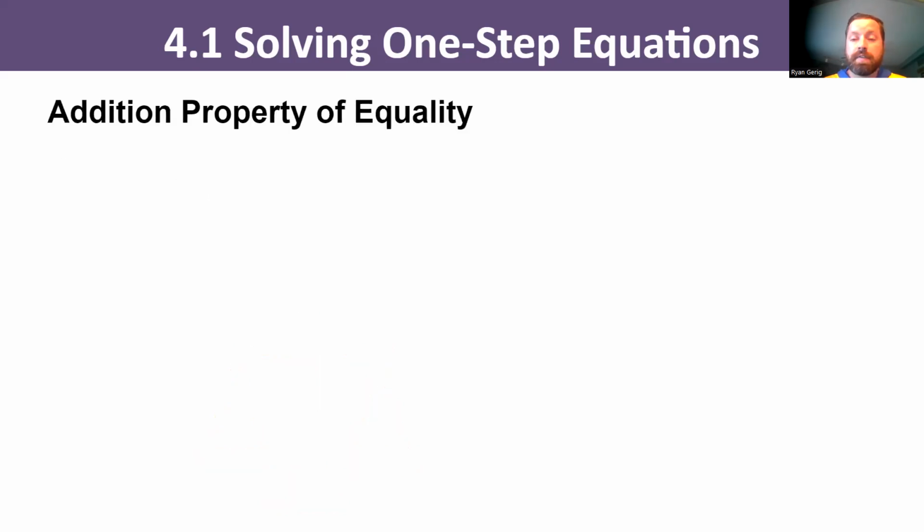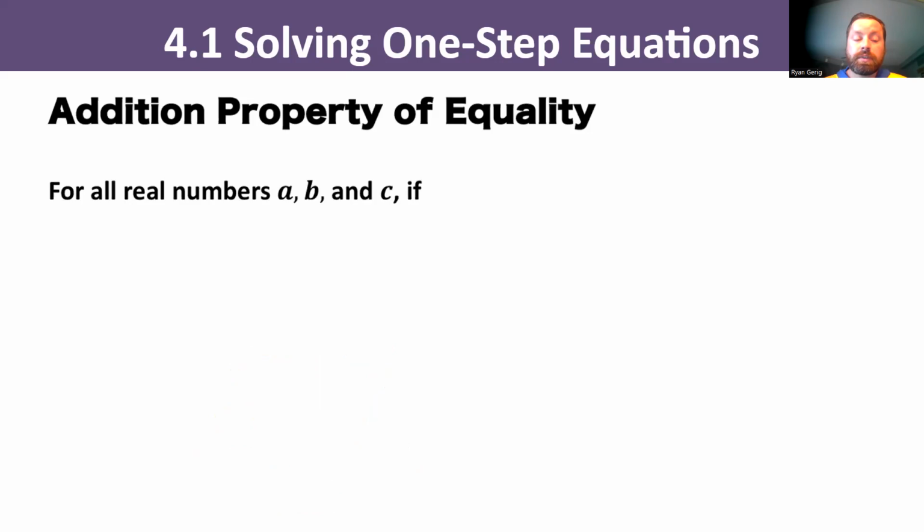So the addition property of equality, what does it say? It says if you have 3 numbers, A, B, and C, or 3 numerical expressions, or even algebraic expressions, and A and B are equal, then I can add C to the left side and the right side, and the 2 expressions remain equal.